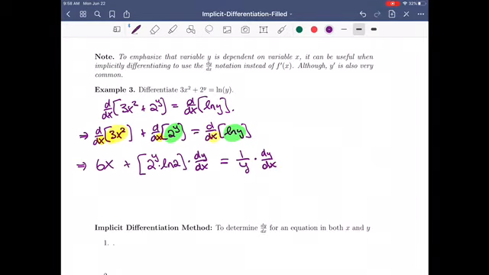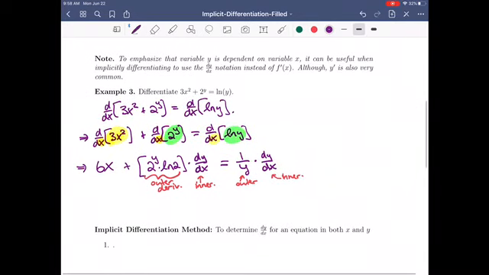Okay, so let me just write here. This is the outer derivative, and this is the inner derivative. So we're using the chain rule for both. And now what we want to do is solve for dy dx. So I want to put them on the same side.